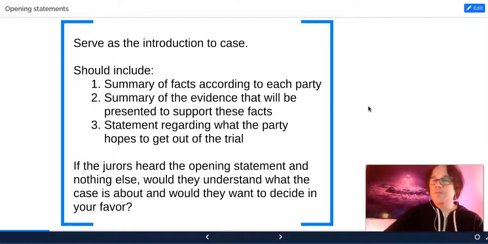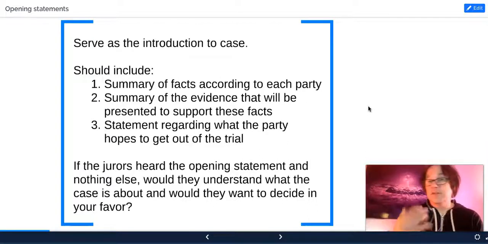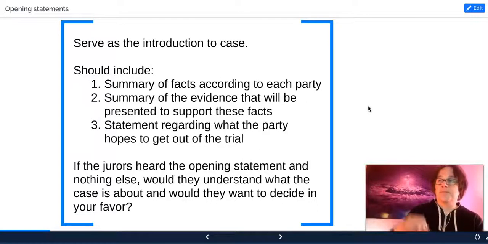Basically, you're going to include a summary of the facts according to each party. So say I'm the prosecutor, I'm going to say, this is what happened. The defendant did this, the defendant did that, right?